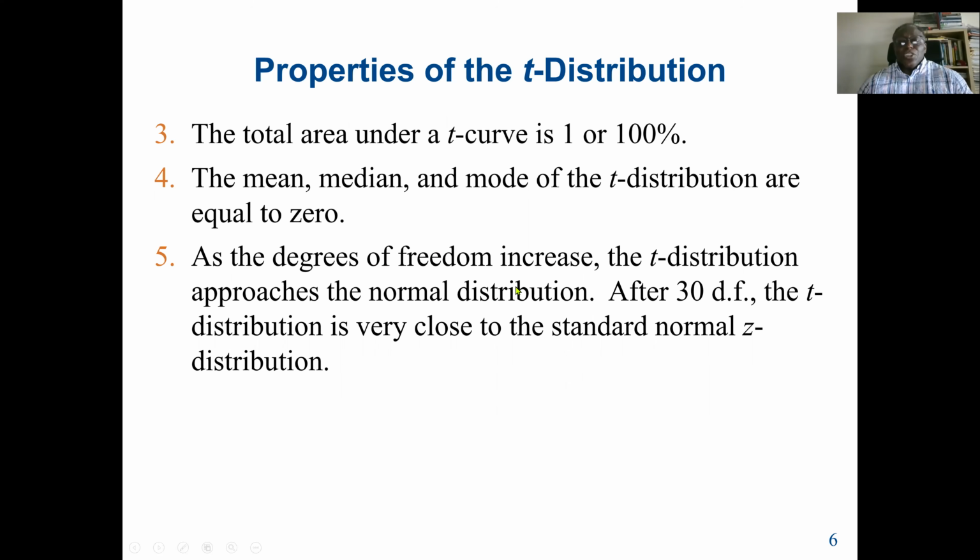Also, as the degrees of freedom increase, the t-distribution approaches the normal distribution. Here we say after 30 degrees of freedom, the t-distribution is very close to the standard normal, which is the z distribution.